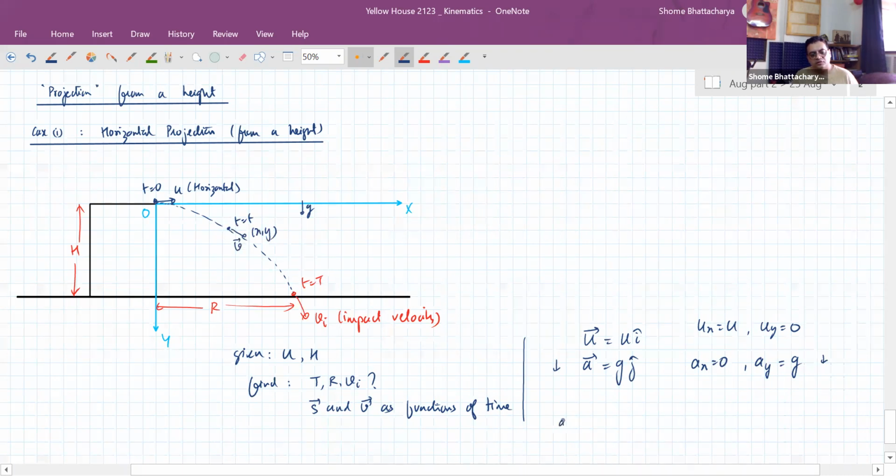So at time t, in general, the x coordinate will become ut, whereas the y coordinate will become half gt square.